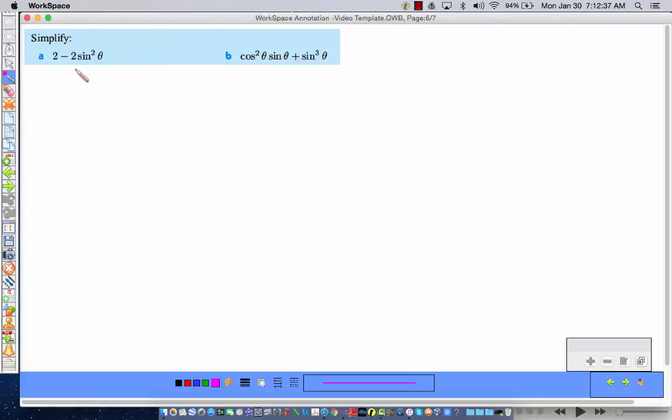What if I have this? Well, 2 minus 2 sine squared theta. Well, I notice I have two terms, both with 2 in it, so I can factor a 2, and this becomes 1 minus sine squared theta. And if you recall, let me just write over here, cosine squared theta plus sine squared theta is equal to 1.